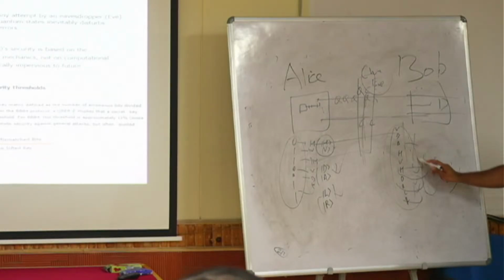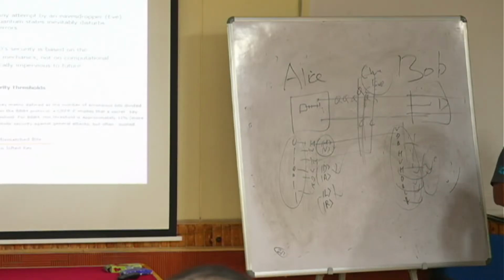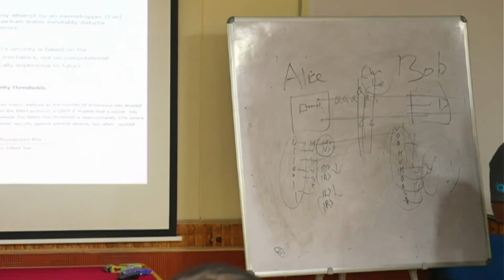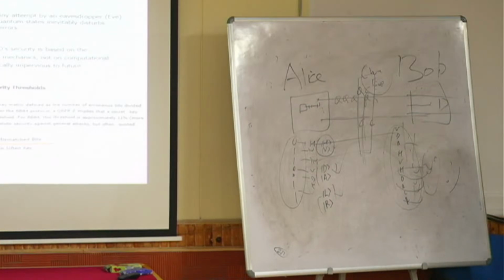So there will be a threshold number. If the mismatch or error rate comes beyond that particular threshold, then both will discard the operation, and they will know there is some mole in between and somebody is listening to our communication. So they will discard it. And if it stays within the threshold, then the communication is happening perfectly.